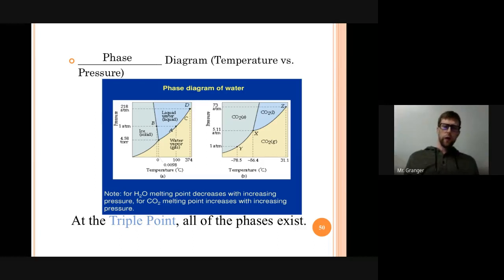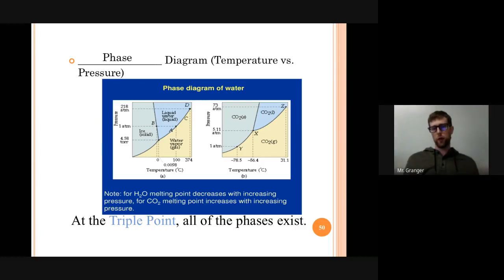Okay, so if we look at these and just get an overview of what the graph is representing, it's pressure and temperature. Pressure is being represented in ATM, which is atmospheres, our unit of pressure.